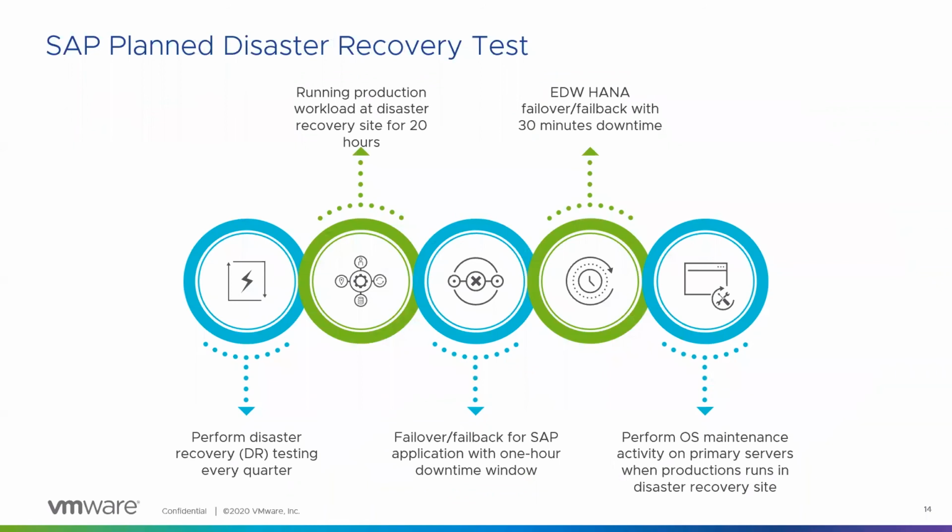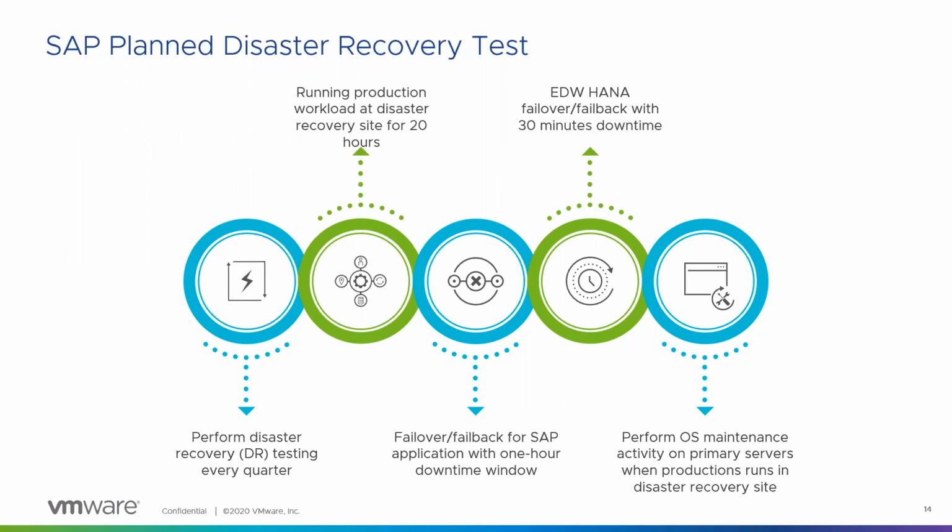As I mentioned earlier, we do DR testing in production every quarter. After we fail over to the DR side, we let it run for 20 hours, then we switch back. We actually run the production load on the DR side to make sure everything is working, and then we fail back to the primary side.